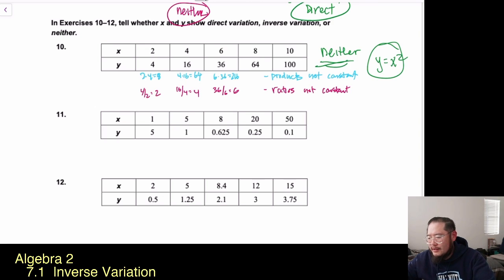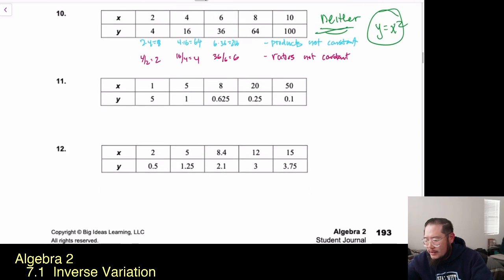All right, let's take a look next up at number 11. So I'm going to repeat the process from number 10. I want to take x and multiply it by y. So we got 1 times 5 is equal to 5. Right here, 5 times 1 is equal to 5. 8 times 0.625, that equals 5 as well.